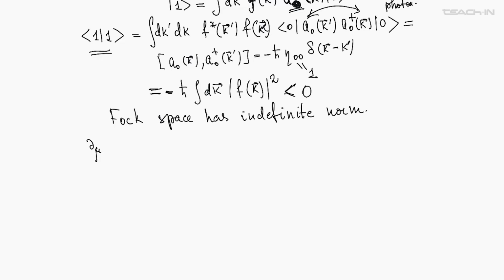Since we are talking about covariant quantization, the natural gauge condition to impose is the covariant gauge condition d mu A mu equal to 0, right? Because it's a covariant condition. But unfortunately, this condition cannot be imposed in the operatorial sense. It cannot be imposed on the operators.